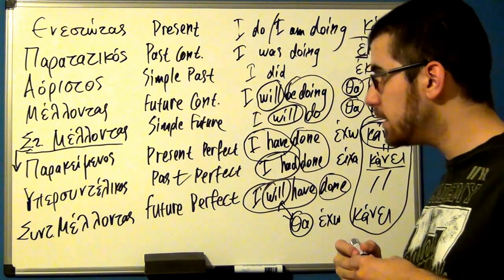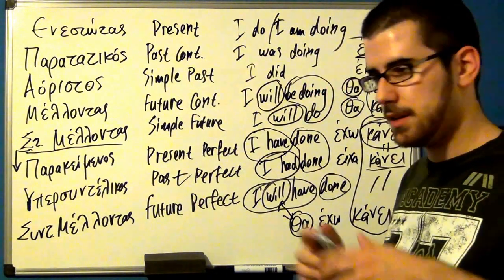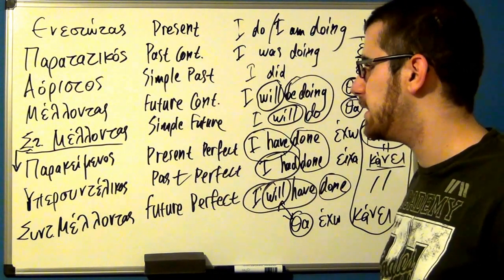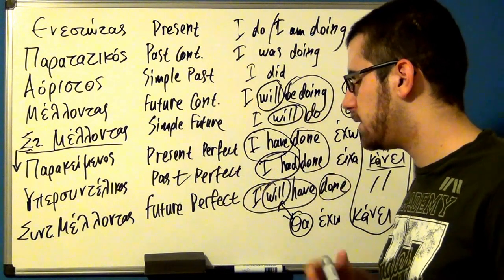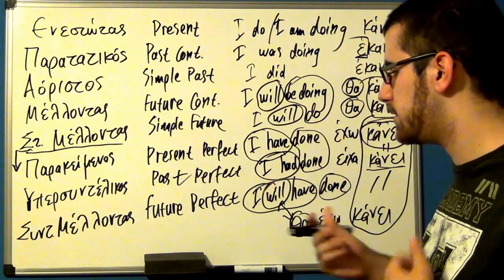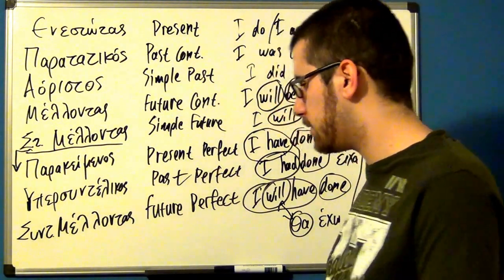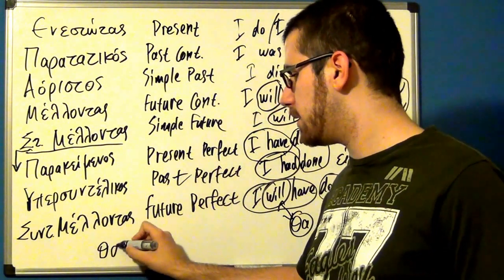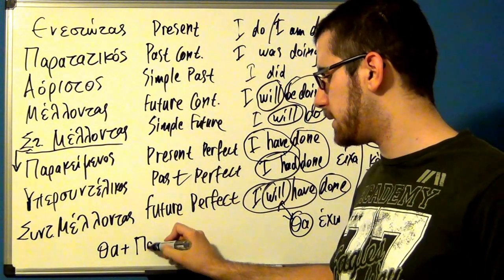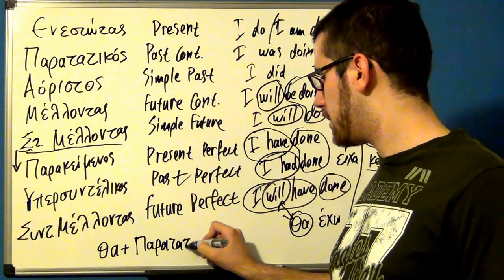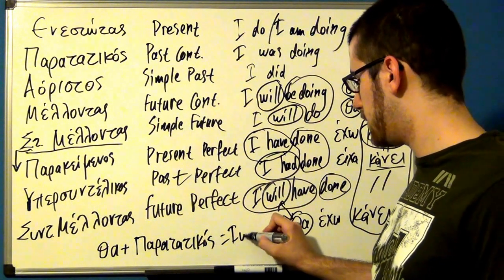So yes, it's actually 8 tenses. These are all the tenses, officially, that you can find for modern Greek verbs. There's actually a lot of different stuff. For example, there is something that is not exactly a tense, and I don't know what it's called. If you use θα plus something in παραδοτικός, then you get "I would" something.